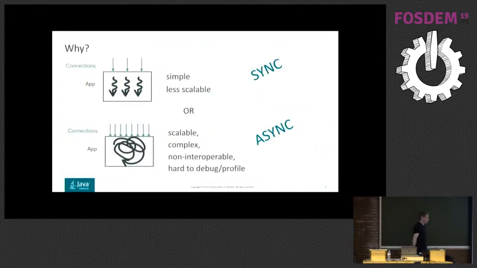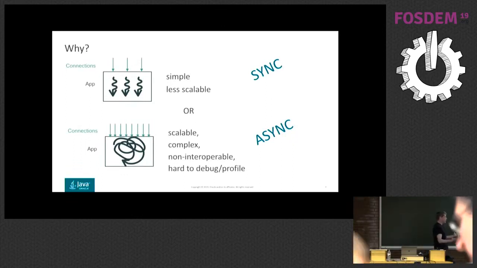So for those of you who are not familiar with Project Loom, let me first review why we need it, why we believe we need it. So the main problem domain is concurrent applications, normally servers that serve a lot of concurrent requests. And right now, developers are faced with a binary choice.